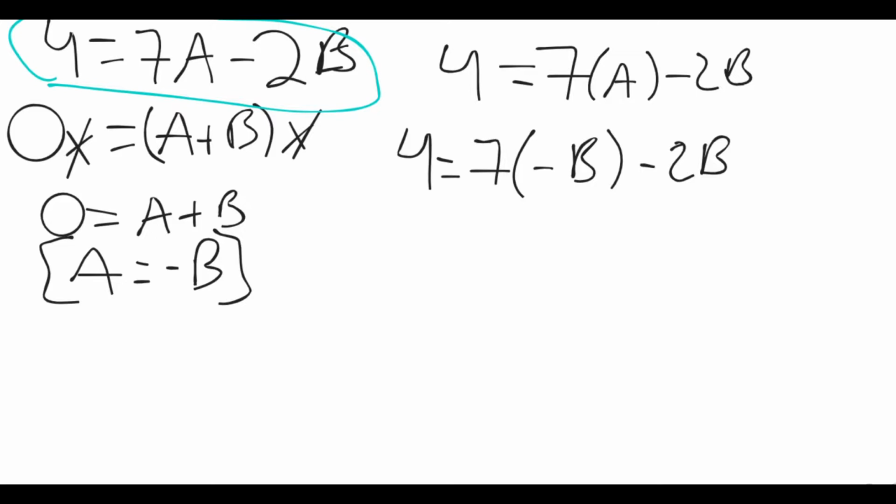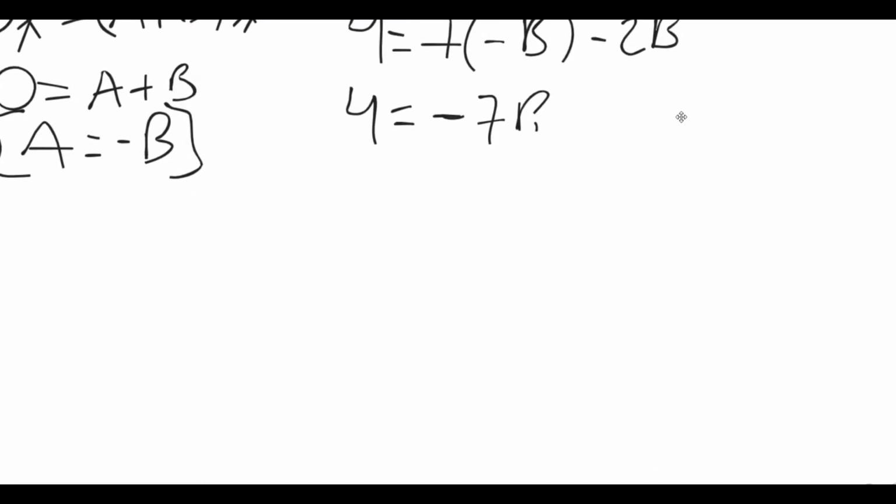Now that I have this, I'm going to go ahead and factor out b. So what is minus 7b minus 2b? It equals 4 equals negative 9b.